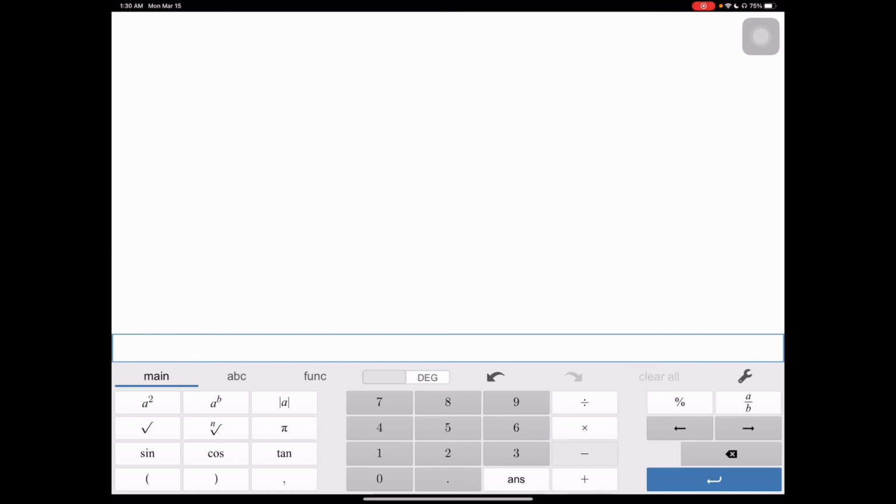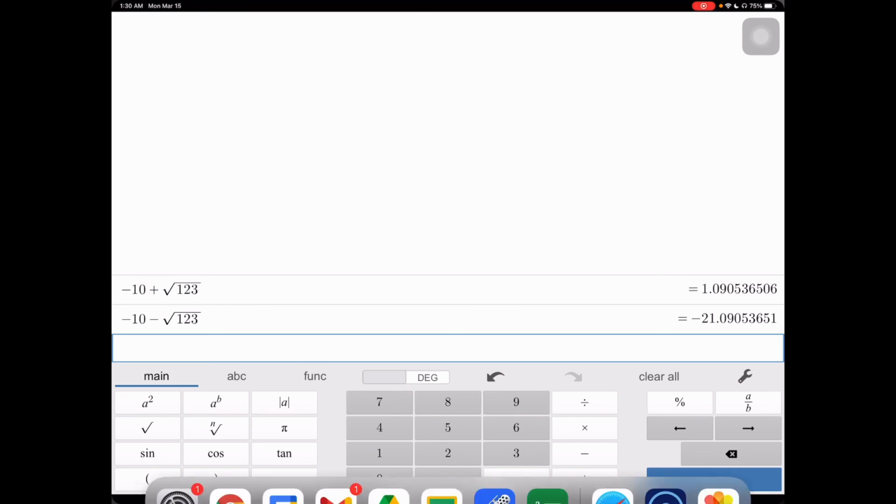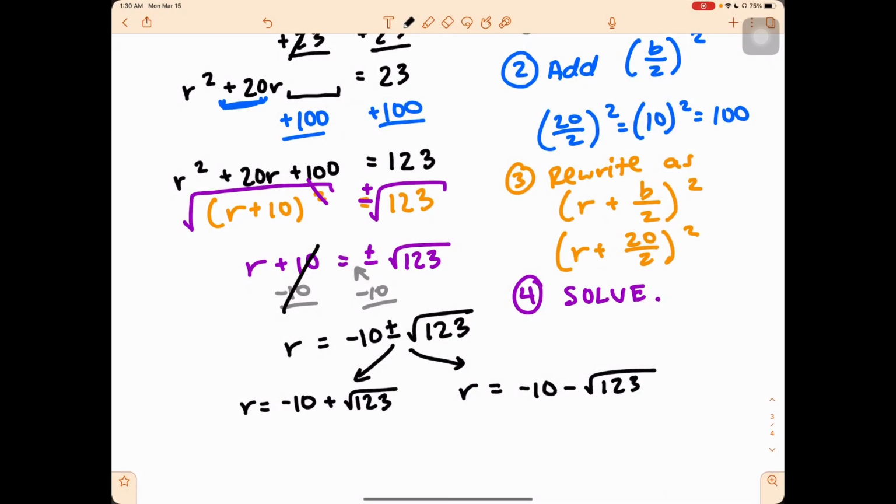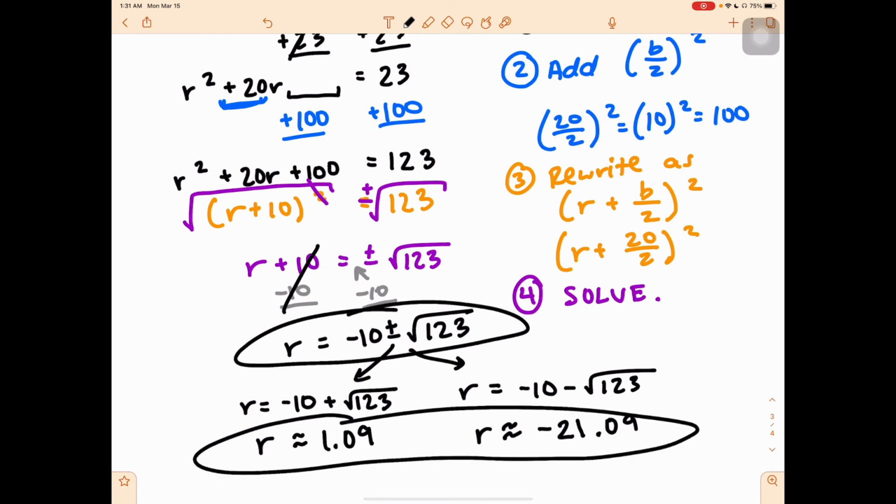Those would be your two roots for this parabola. So approximately 1.09 and negative 21.09. Okay, so you're going to see it either like this or in decimal form, more likely than not.